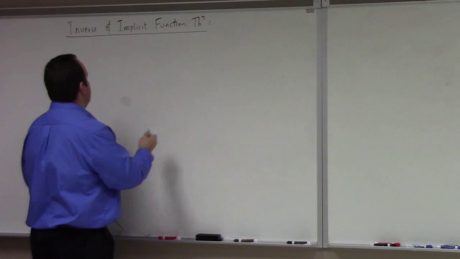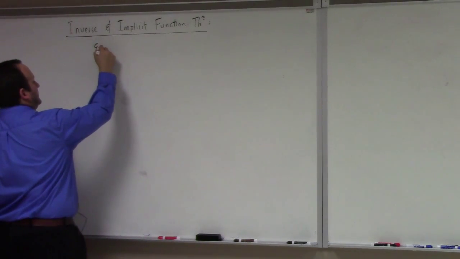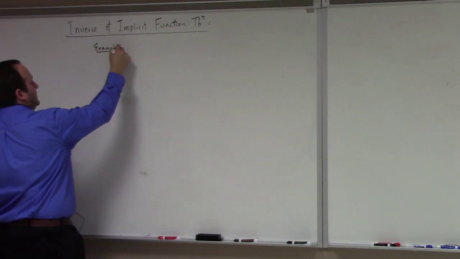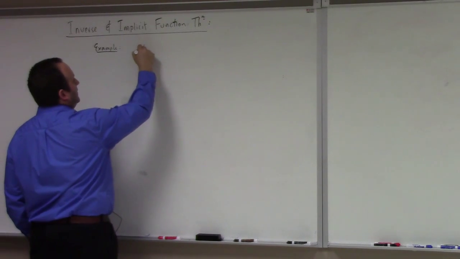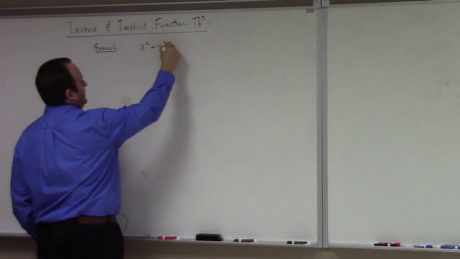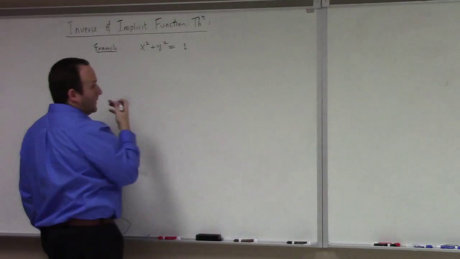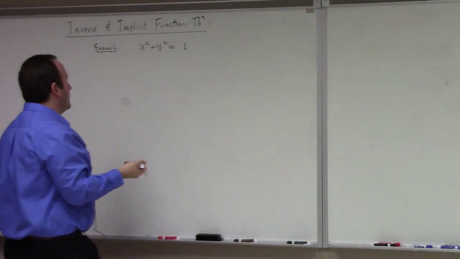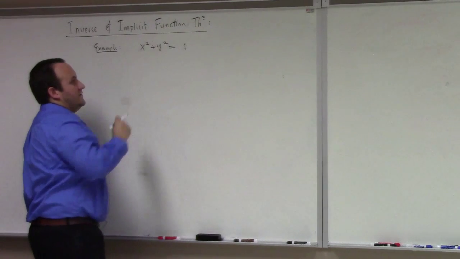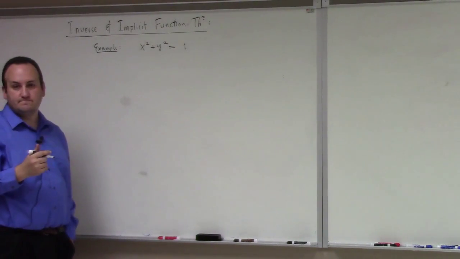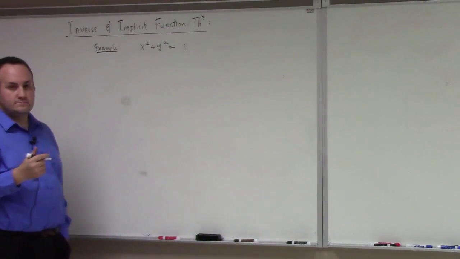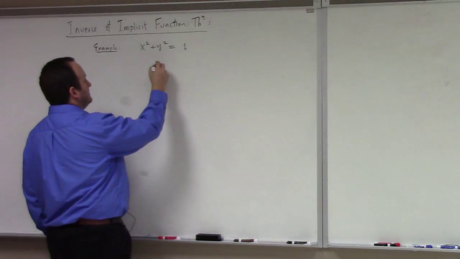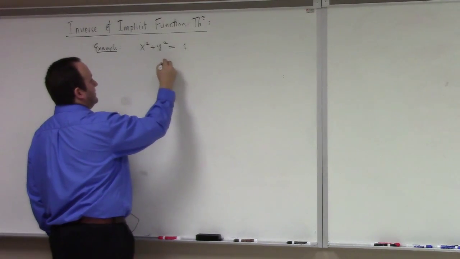So here's the standard example that I like to use. I think it's useful. x squared plus y squared equals 1. One equation, two variables, right? Can you solve for y as a function of x, right?